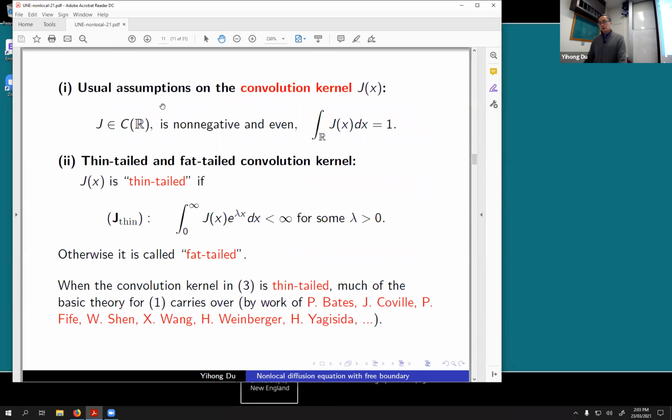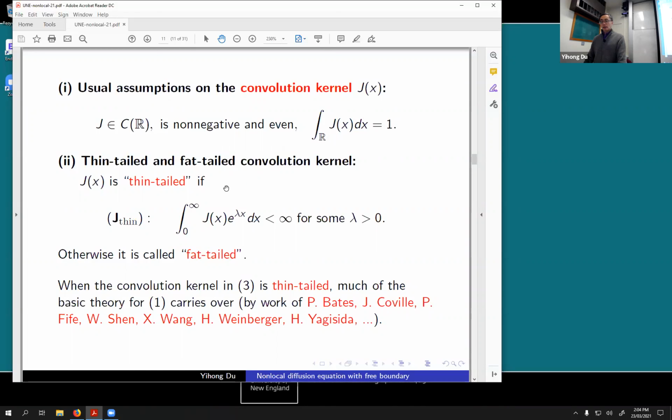Now, sometimes people make some simple assumptions to focus the research. One widely used set of assumptions is that J is continuous, non-negative, even, and normalized.